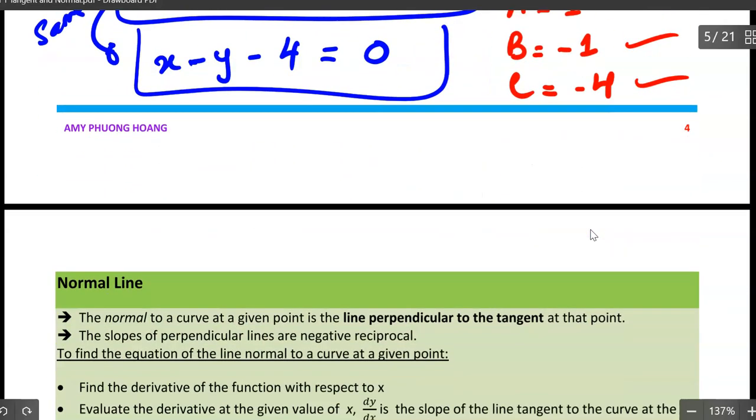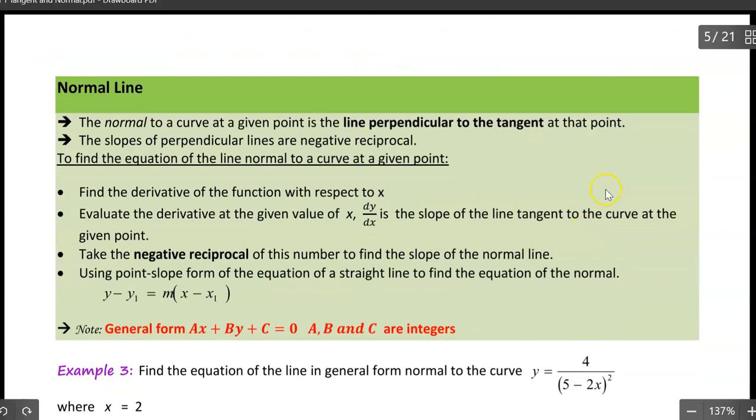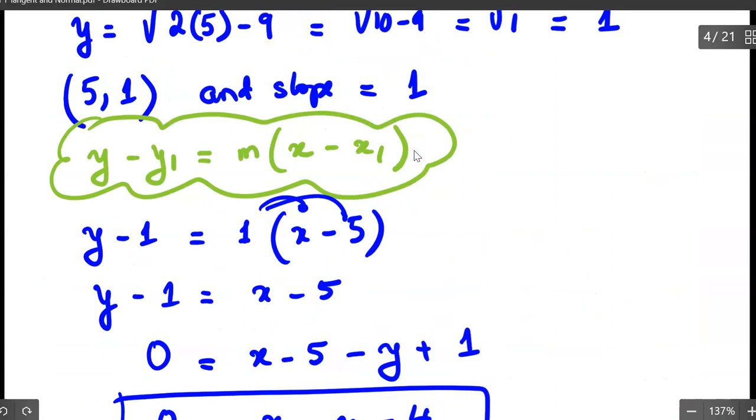Alright, so for a normal line, what you have is that a tangent line is the one that touches the curve at only one point. So it touches the curve at only the point 3, 4 or the point 1, 5 that we found in these two examples.